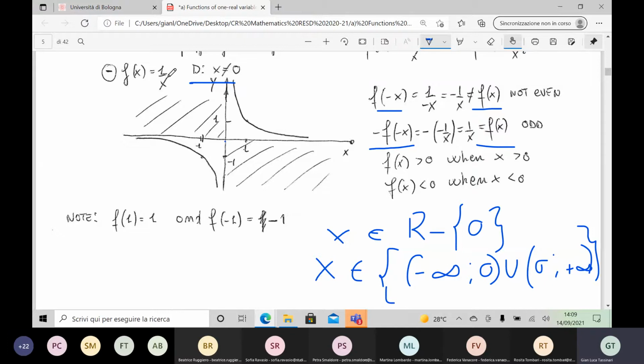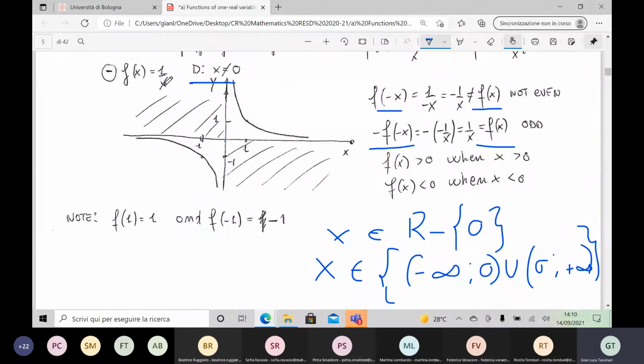The denominator is positive when x is greater than 0. Do you agree? Yeah. So for x greater than 0, this ratio is positive. When x is smaller than 0, you have a positive quantity divided by a quantity which is always negative for x smaller than 0. So you have that the function is negative. Therefore, the function is positive for x greater than 0.